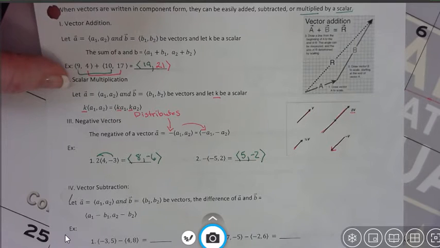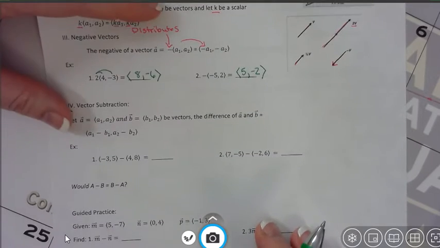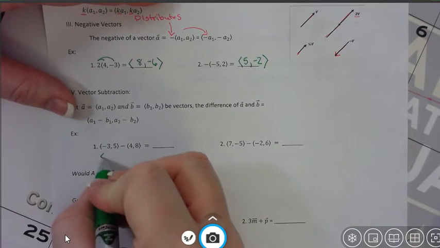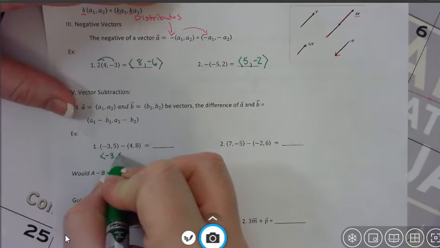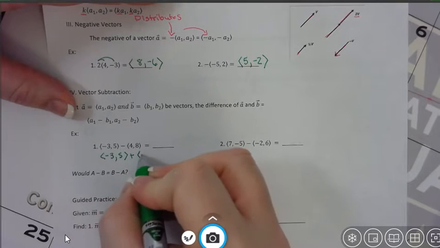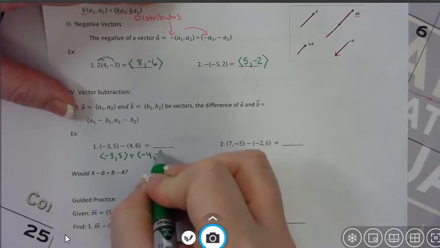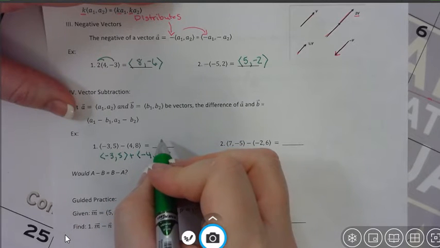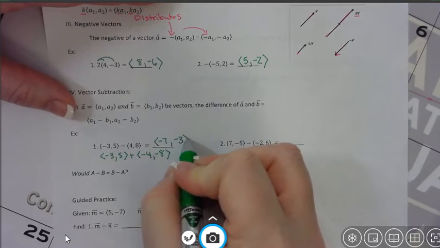Technically, what you're supposed to do for this is you get negative 3, 5, and we distribute and get negative 4, negative 8. And then you add your horizontal component, which is negative 7, and then vertical component, negative 3.